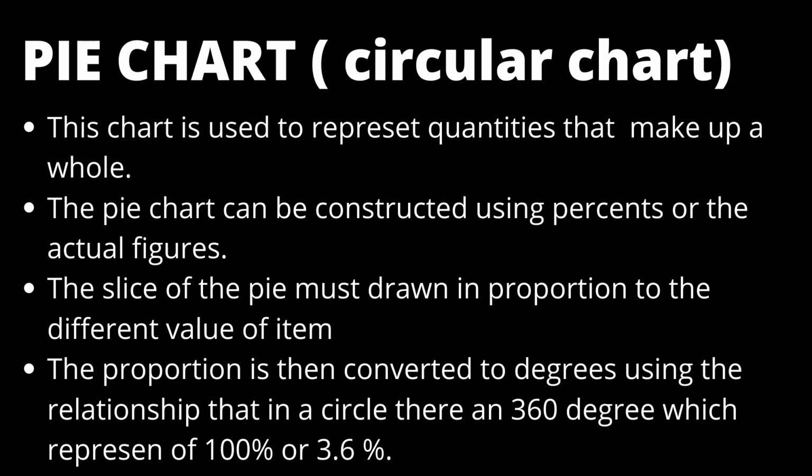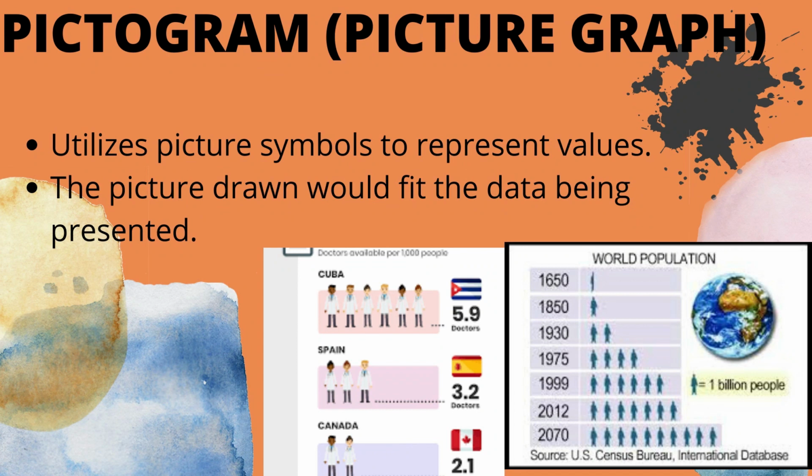The proportion is then converted to degrees using the relationship that in a circle there are 360 degrees, which represent 100%, or 3.6 degrees per 1%.